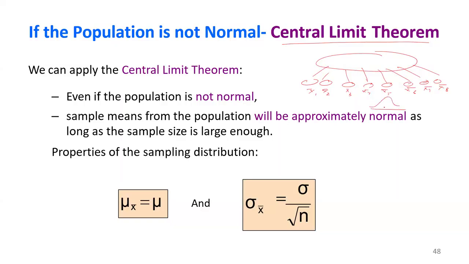Are you getting what I'm saying? The means of the samples will follow a normal distribution. Another way of putting it: in statistics, we generally assume that the data has to be normally distributed, because whatever theorems and techniques there are in statistics will work well if your data is normally distributed.